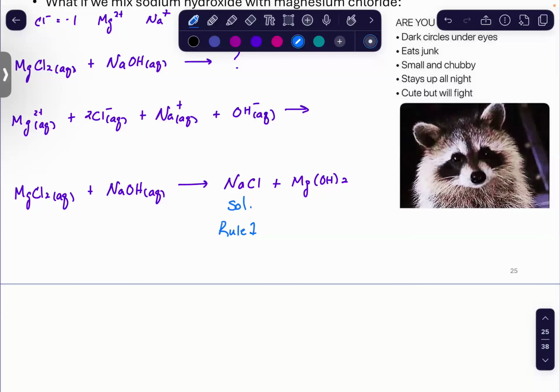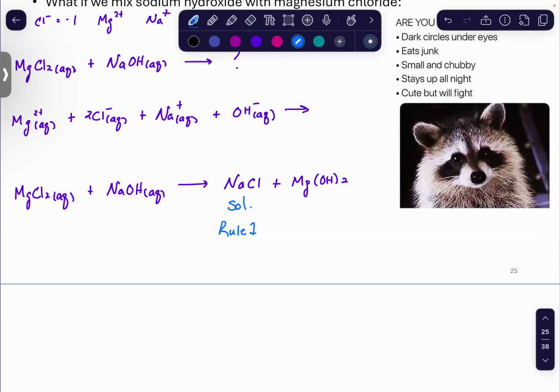Sodium chloride is soluble by rule 1. Magnesium hydroxide is insoluble by rule 7. So that means one of them's aqueous, one of them's going to be solid.